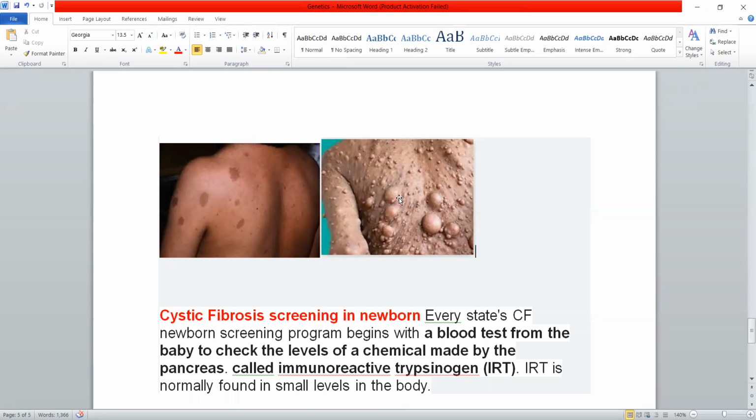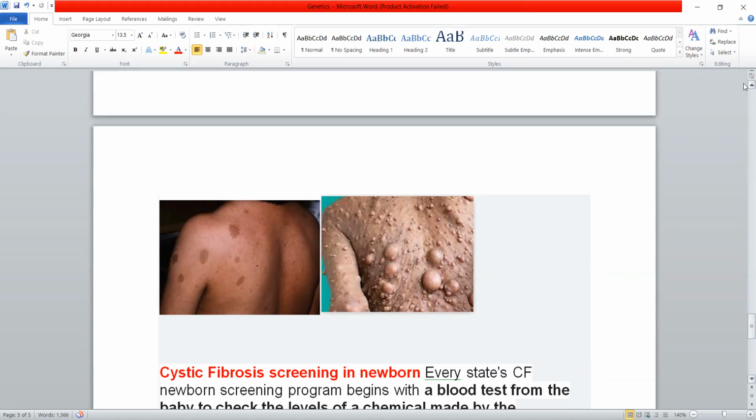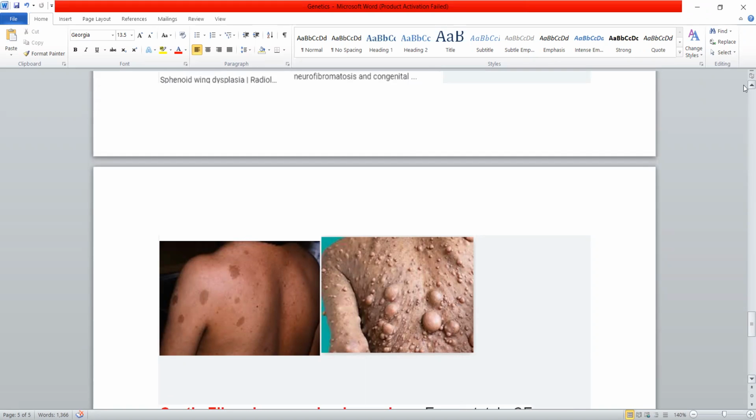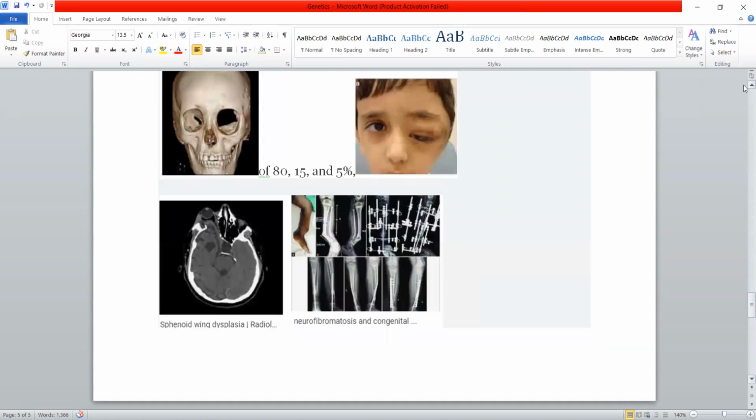They can be cutaneous neurofibromas, that is, they are present in the skin, and if the neurofibromas are present in the deep tissues, then they are known as plexiform neurofibromas. So cafe-au-lait spots or neurofibromas, plexiform neurofibromas or cutaneous neurofibromas.